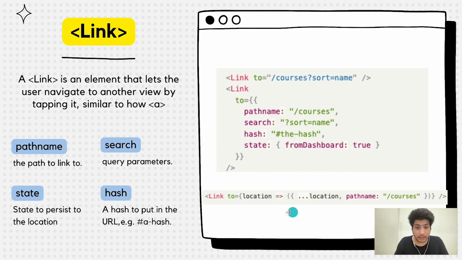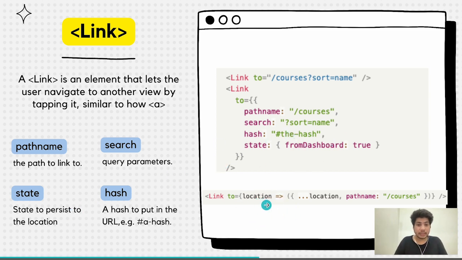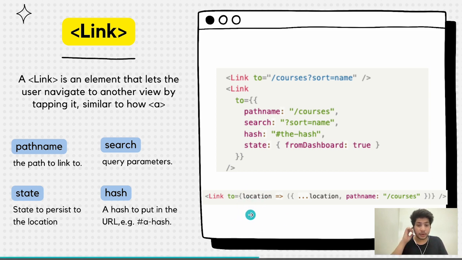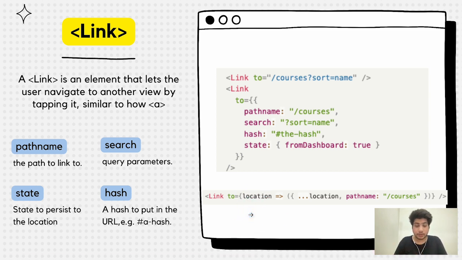In the third type, you can pass a function: it receives the current location as an argument, so you can use that function to do all your logic. So you can also pass a function to to.